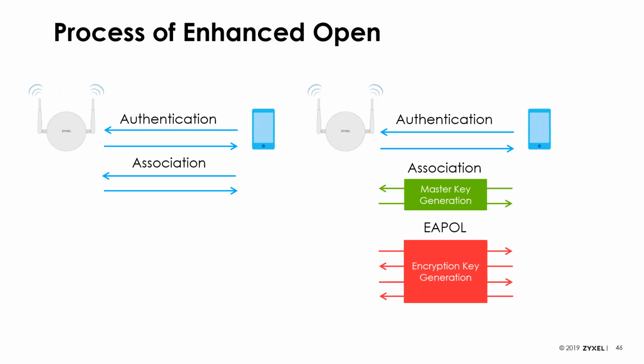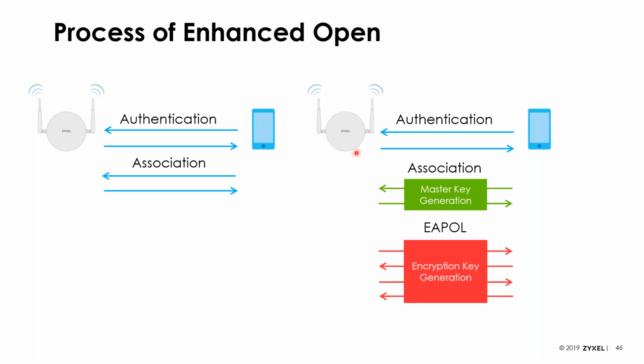So this is basically the difference between enhanced open and the current open that we have. In the current open Wi-Fi, we have authentication and association, everything done in plain text.